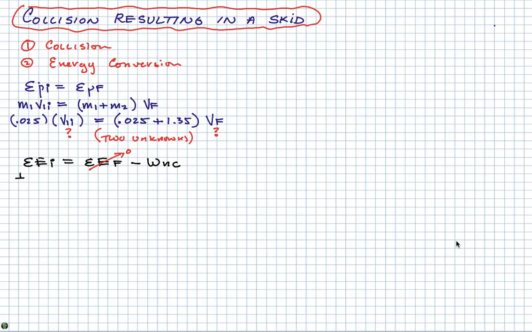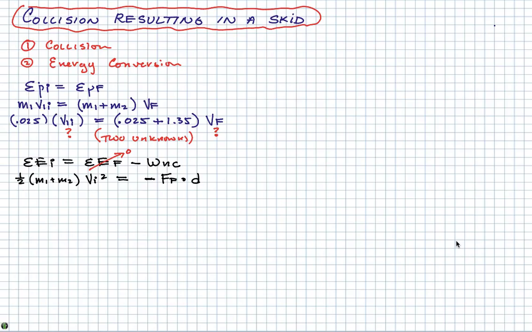Post-collision, the objects are together, so M1 plus M2, and they have a combined velocity, which I'm going to call V squared. And then that is going to become the work done by friction, which would be Ff times d. Now that negative sign in there will end up canceling because the force of friction is going to be in a negative direction. So that gets taken care of later.